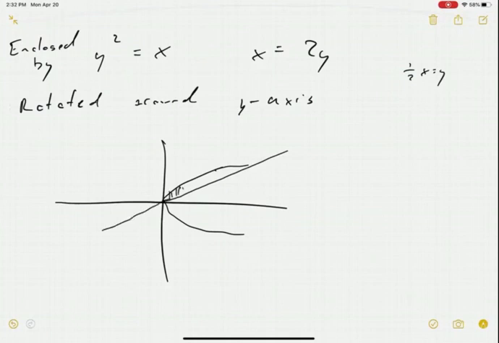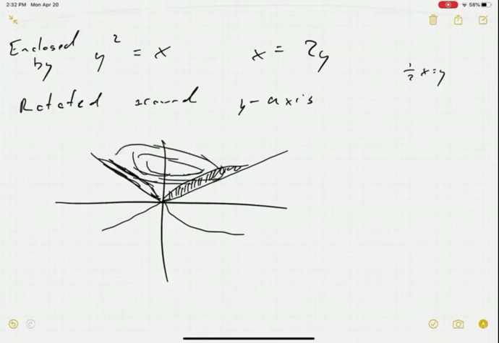My region is this, and then I'm rotating it around the y-axis, and I get something like this. I'm dealing with washers again. My object is kind of a cone, and my cross sections are washers.